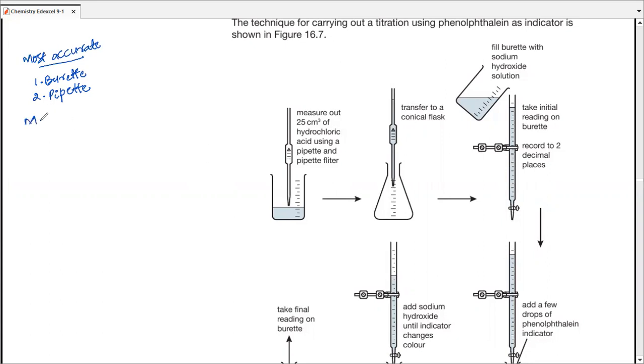If I talk about something that is medium accurate or moderately accurate, something that lies in between, I am going to put the measuring cylinder. Though it's not drawn in all of these drawings, the measuring cylinder is the second most accurate piece of equipment.